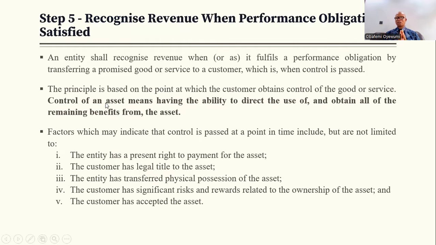So what is control when it comes to IFRS? Maintaining control over an asset means that I have the capacity to use it anyhow I want, and I can obtain the remaining benefits from the asset.